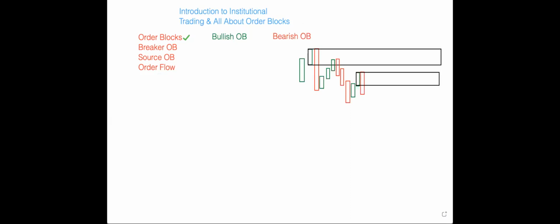So when we see this, again, we can have some bullish price inside this, even up to 50%, or even up to the top. But of course, if this is going to close here above this bearish order block, then in this case this order block is going to be invalidated.